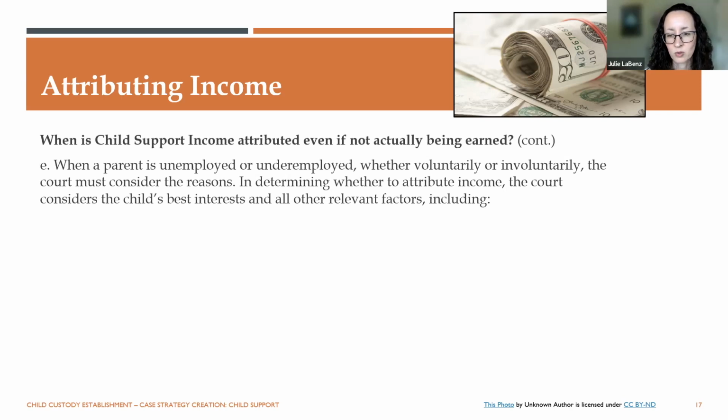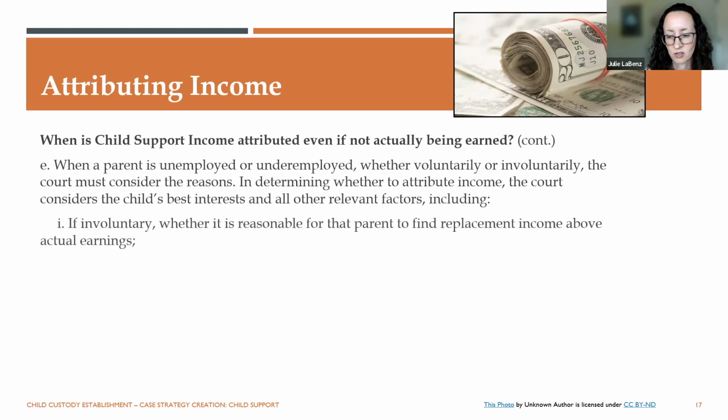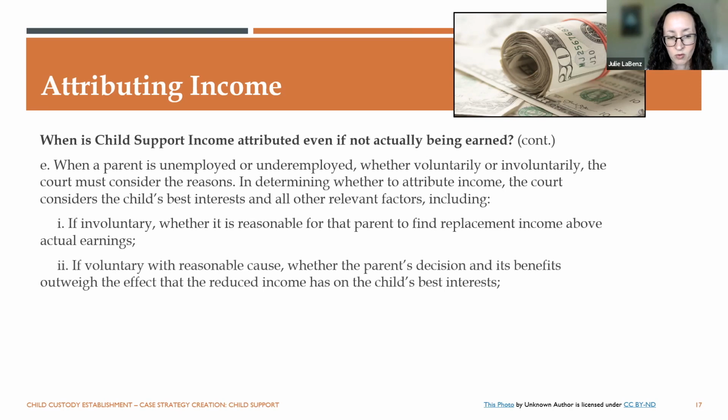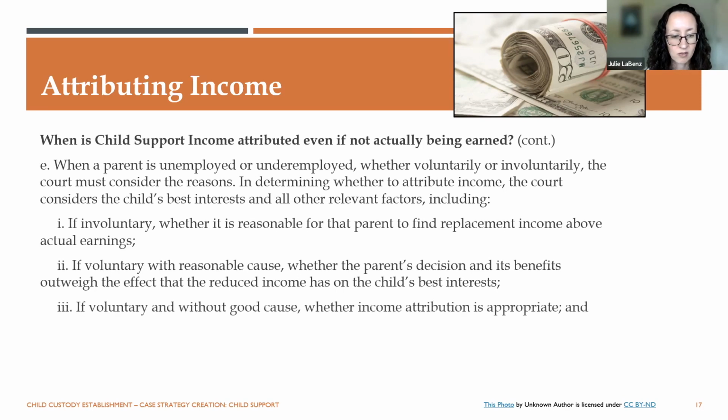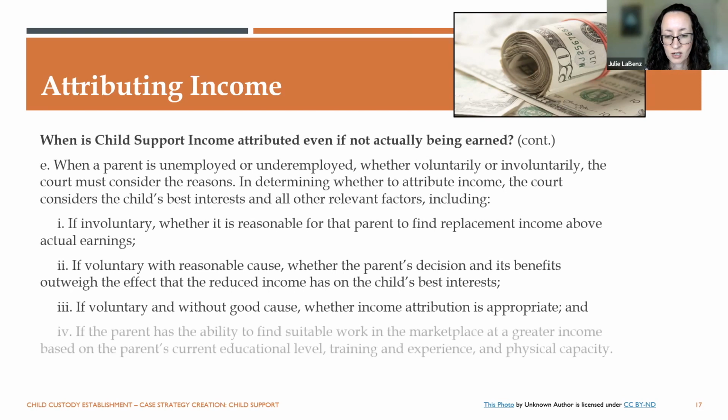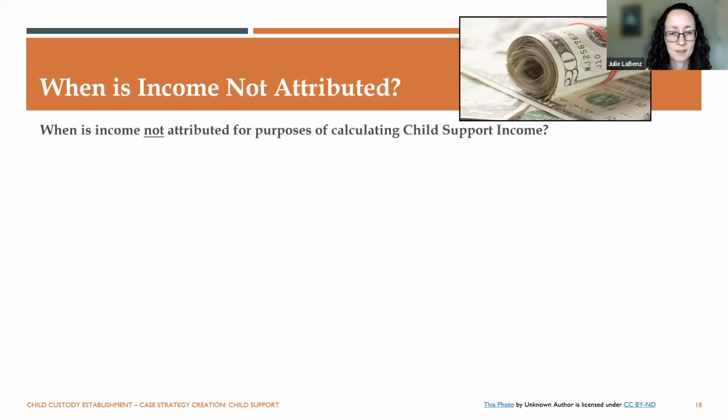In determining whether to attribute income, the court considers the child's best interests and all other relevant factors, including, if voluntary, whether it is reasonable for the parent to find replacement income; if voluntary with reasonable cause, whether that parent's decision and its benefits outweigh the effect that the reduced income has on the child; if voluntary and without good cause, whether income attribution is appropriate; and if the parent has the ability to find suitable work in the marketplace at a greater income based on the parent's current education level, training and experience, and physical capability.